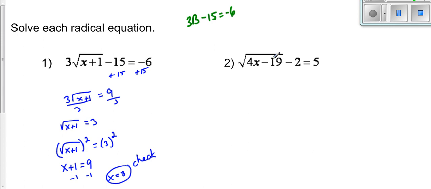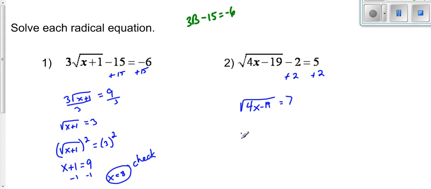Number 2, the minus 2 is outside the radical, so we'll add 2 right away. And we'll get the square root of 4x minus 19 equals 7. Now, we will be adding 19 and dividing by 4, but not yet.